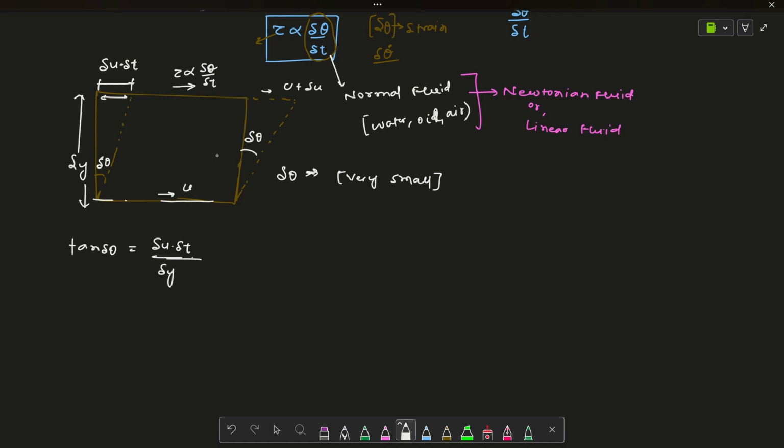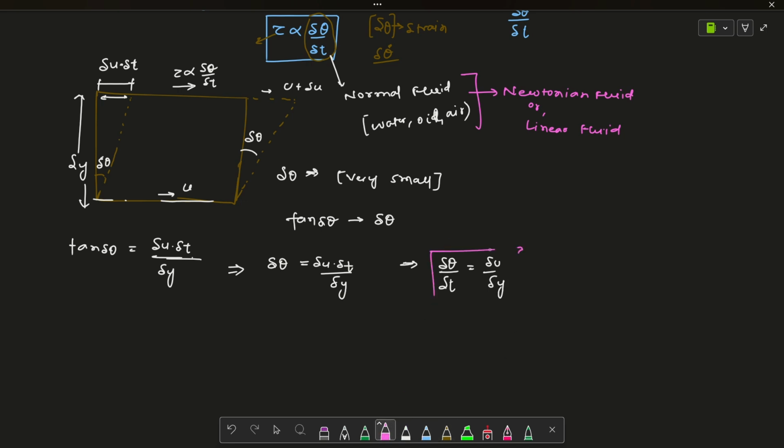We are making this a continuum fluid, like one continuum packet of fluid. So at very small values of delta theta, tan delta theta can be approximated as delta theta. So we can write delta theta equal to del u into del t by del y, and it can be written as del theta divided by del t is equal to del u by del y.